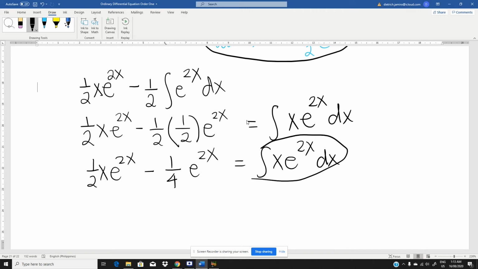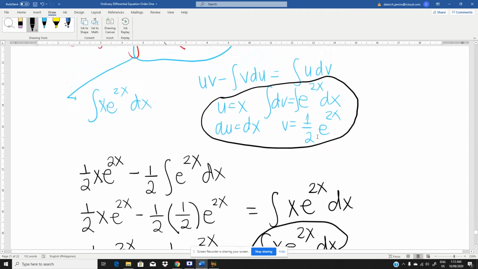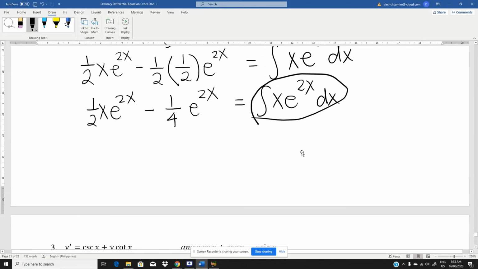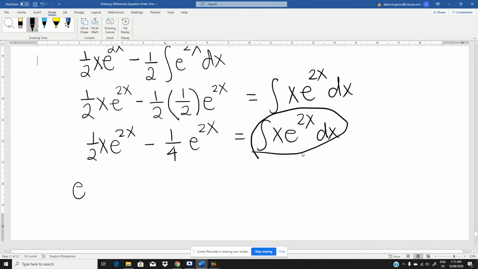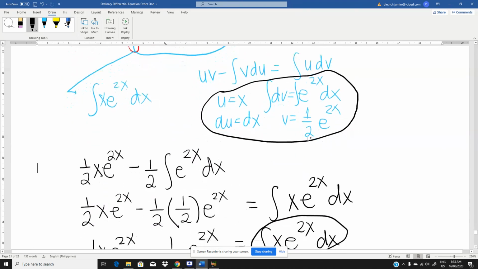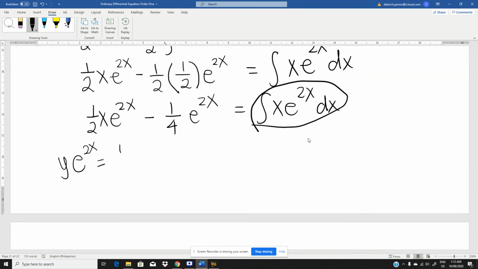Substituting this into our solution, we will have e raised to 2x multiplied by y is equal to 1 half x e raised to 2x minus 1/4 e raised to 2x plus c.